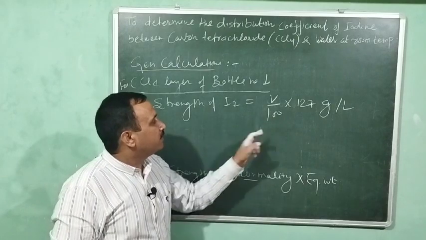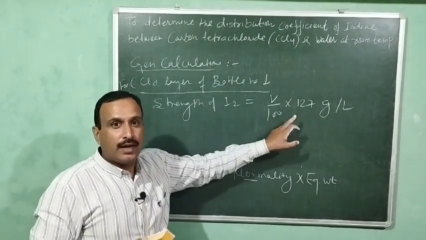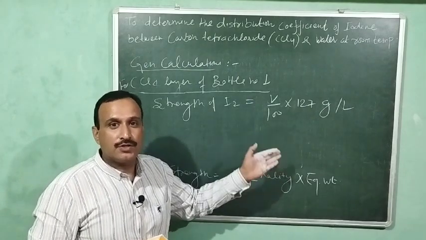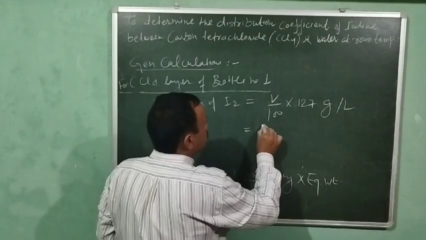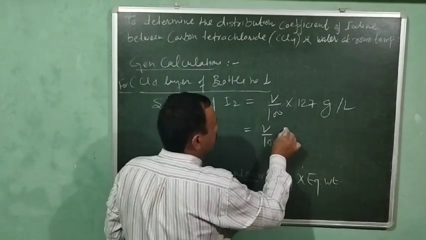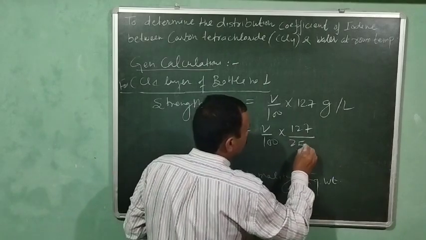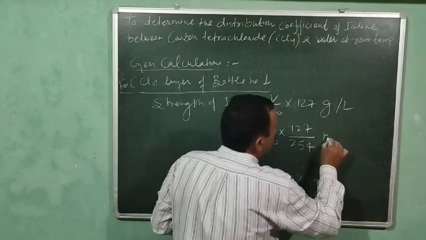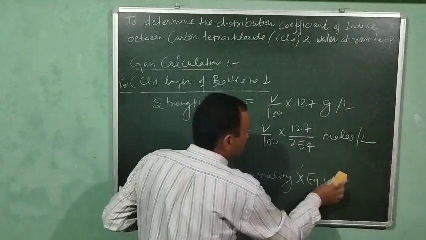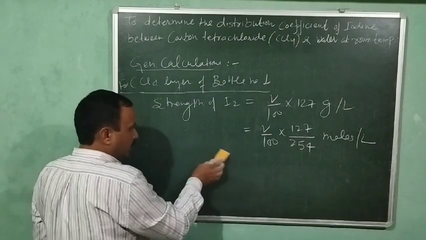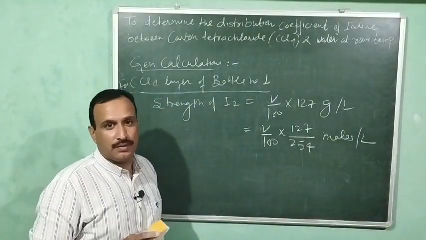So here we will divide by 254, which is the molecular mass of iodine, and then we will have the concentration in moles per liter, and this will be equal to V upon 100 into 127 upon 254 moles per liter. Okay, so this will be the concentration of iodine in the CCl4 layer of your bottle number 1.